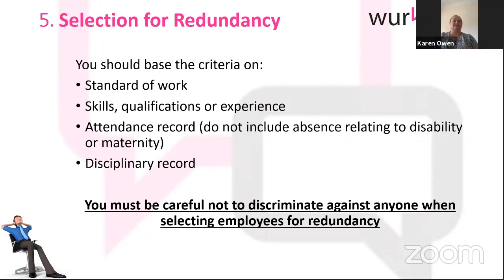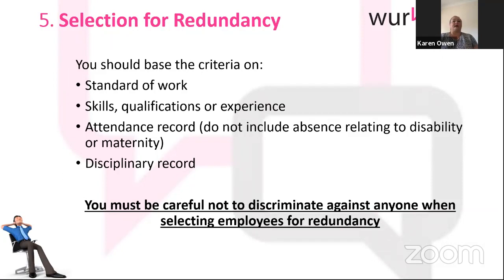You must not select employees because of their age, disability, gender reassignment, marriage or civil partnership status, pregnancy or maternity leave. Trying to think of all these now. Race. You can't select on religion or belief, sexual orientation, any family-related leave.